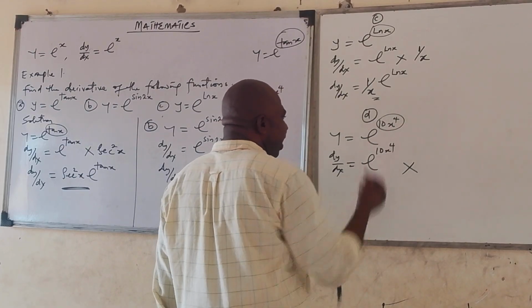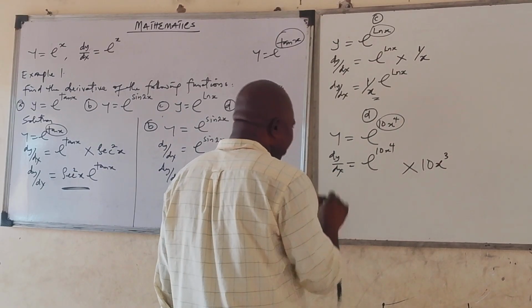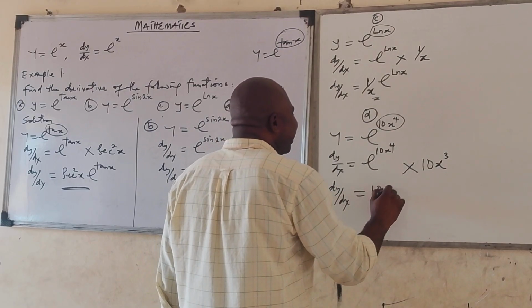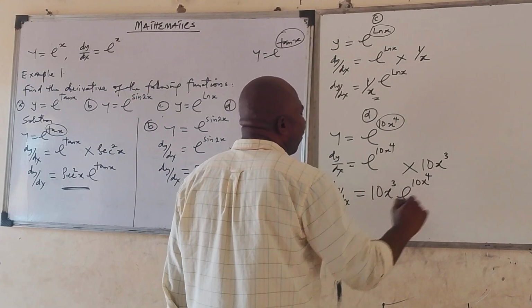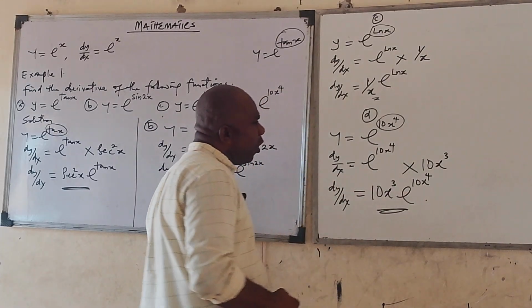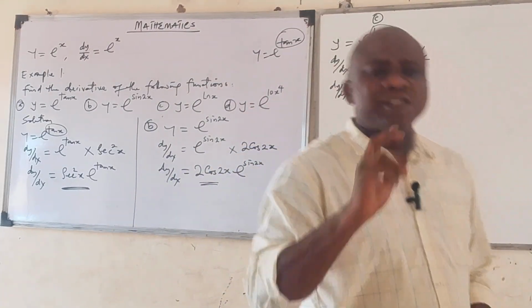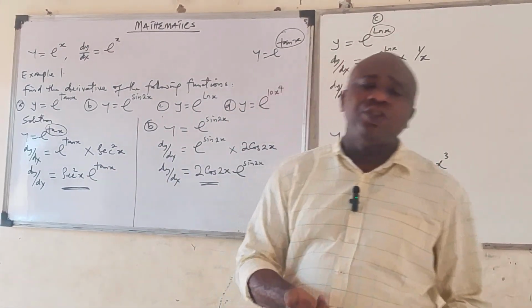When you differentiate 10x raised to the power of 4, it gives 10x raised to the power of 3. So dy over dx will be equal to 10x raised to the power of 3, e raised to the power of 10x raised to the power of 4. So that's dy over dx. So this is actually a very short, fast method of finding the derivative of functions of Euler functions.